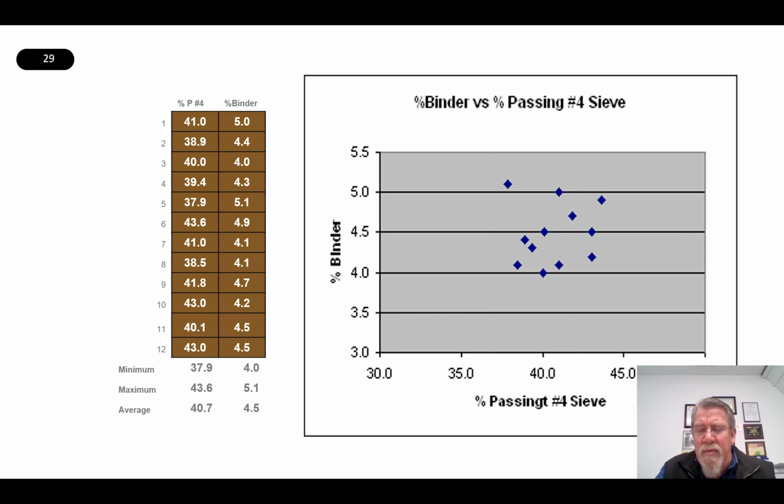If the numbers are all over the place, they don't make any sense. So talk to the plant operator, find out how everything is showing up on the reports, and tell them there's definitely an issue with binder content in regards to gradation of the mix.